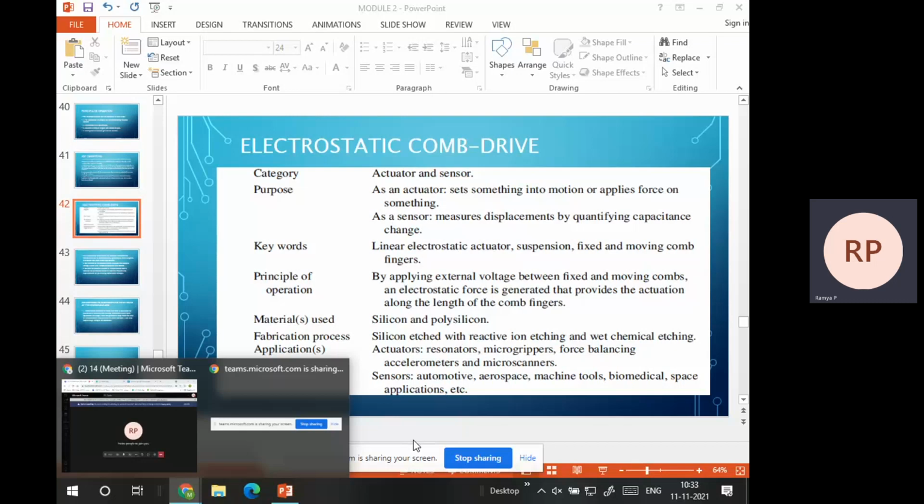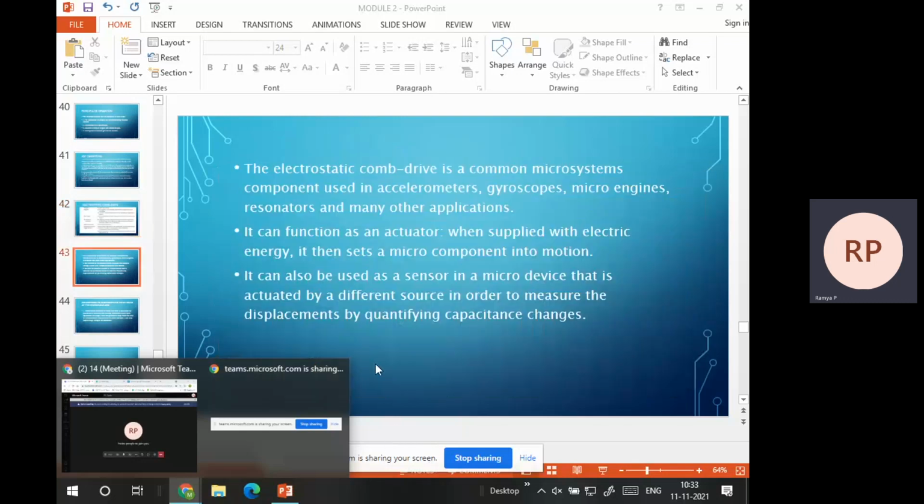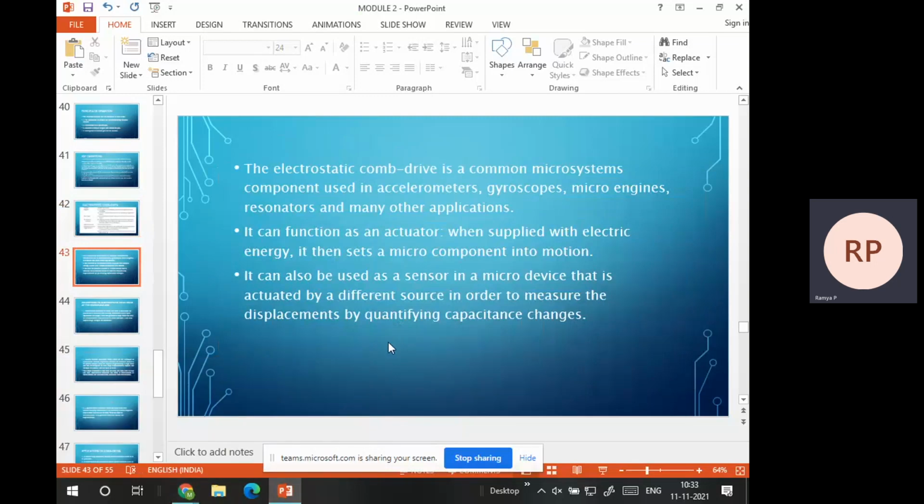We can have the sensing and the exact displacement value. So it can be used as an actuator as well as a sensor. Coming to the principle of operation, I think I have told you regarding this.